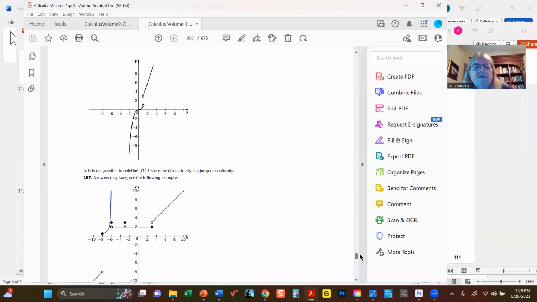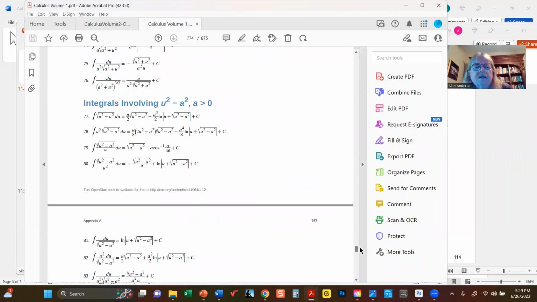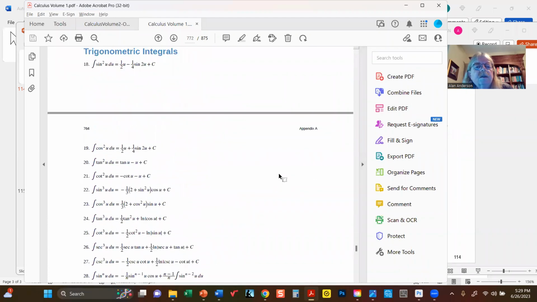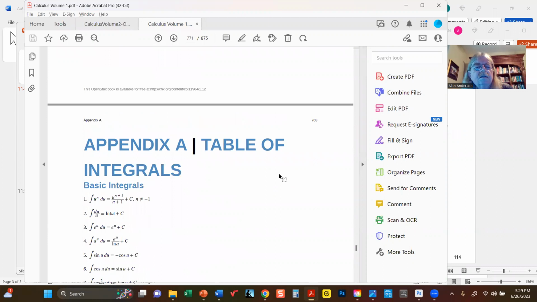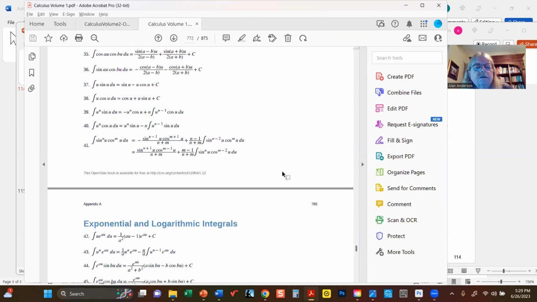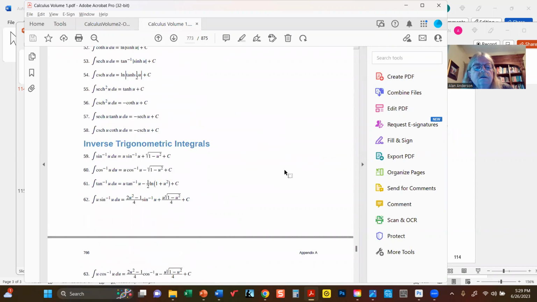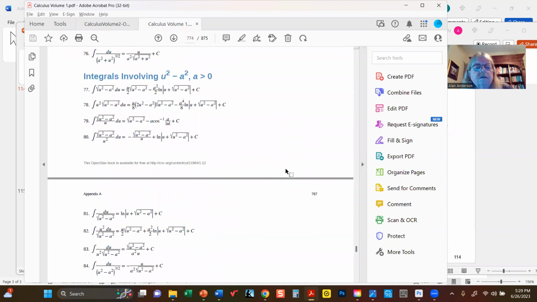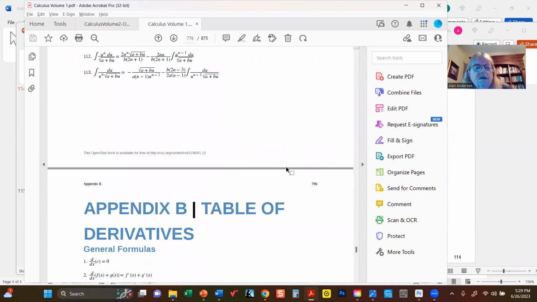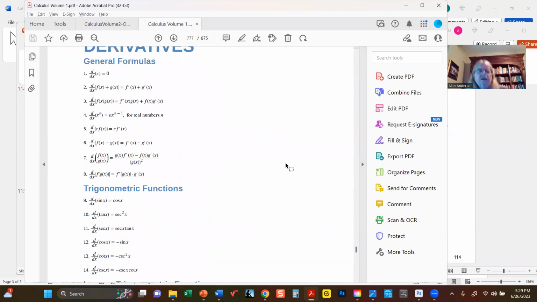We've got an index. Here we go. So if you're ever not sure, and if you notice, here's our power rule.